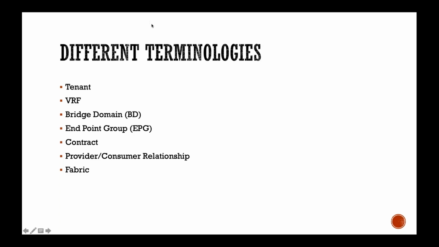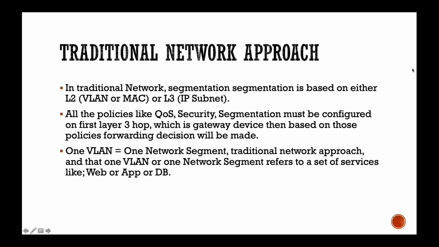So one VLAN is equal to one network segment. This does not mean a VLAN cannot have more than one network segment, but a VLAN is a broadcast domain. Broadcast domain refers to one broadcast boundary, which is actually one network. So one VLAN, one network.